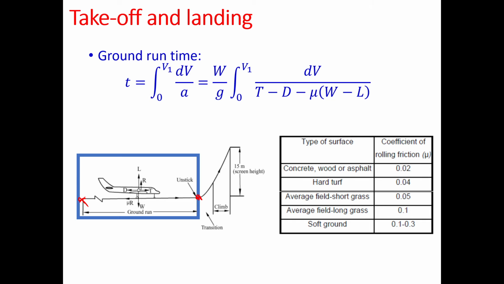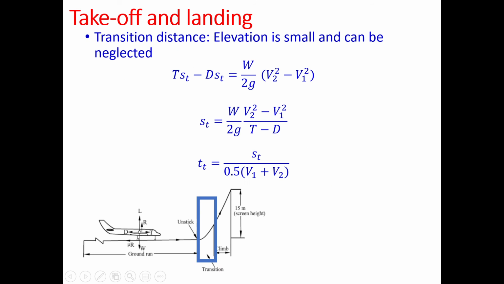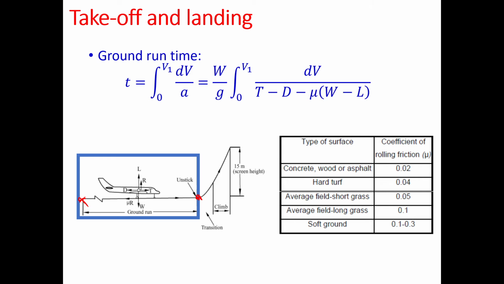Keep in mind that we are going to use constant coefficients of rolling friction. For this case, depending on the type of surface you are working on, you are going to use different coefficients of rolling friction.